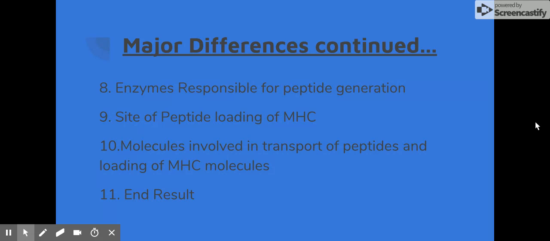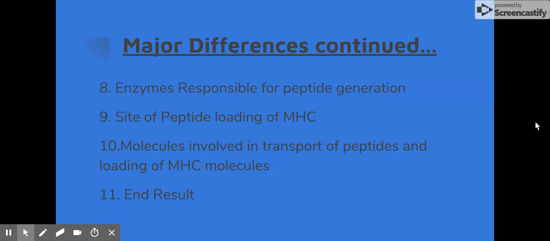In MHC1, presentation of foreign intracellular antigens or altered self-antigens makes them target cells for destruction. Now, in MHC2, the presentation of foreign extracellular antigens induces antibody production and attracts immune cells to areas of infection.